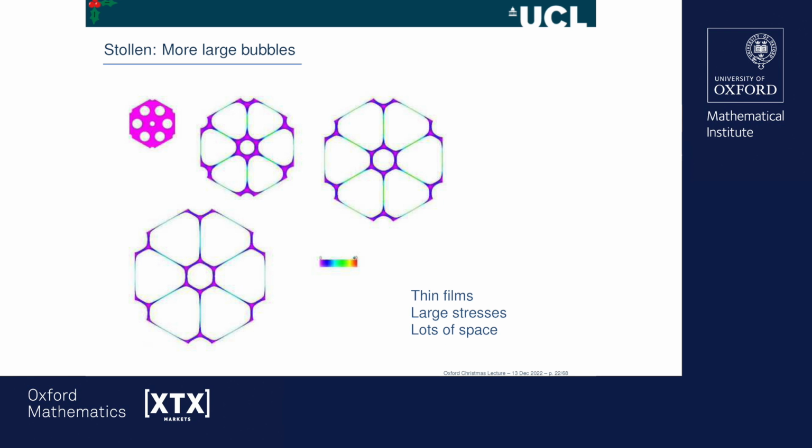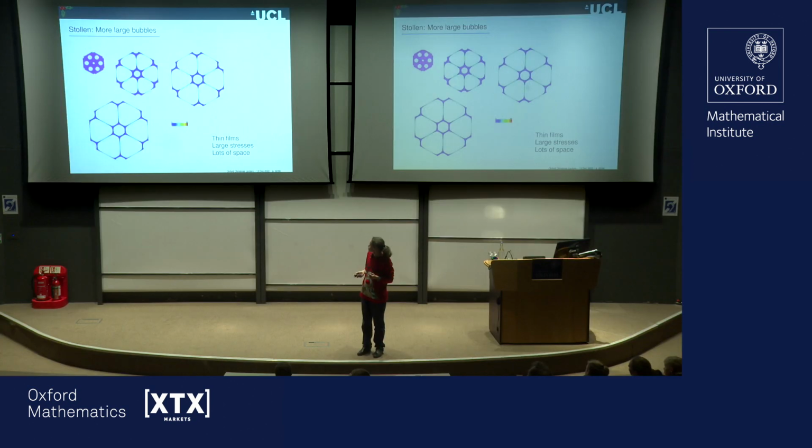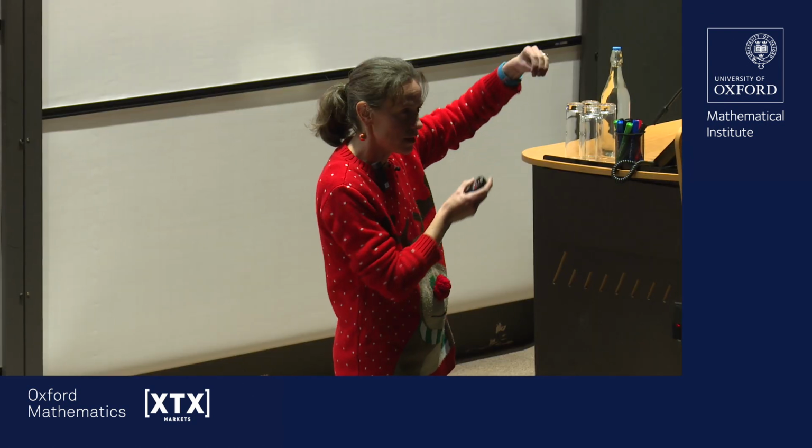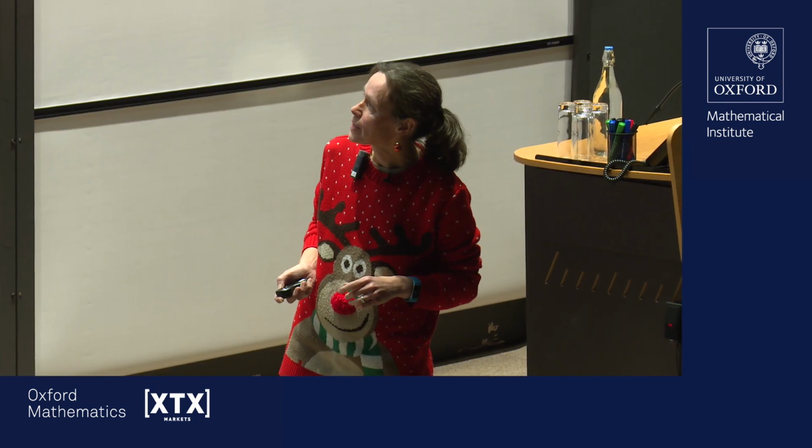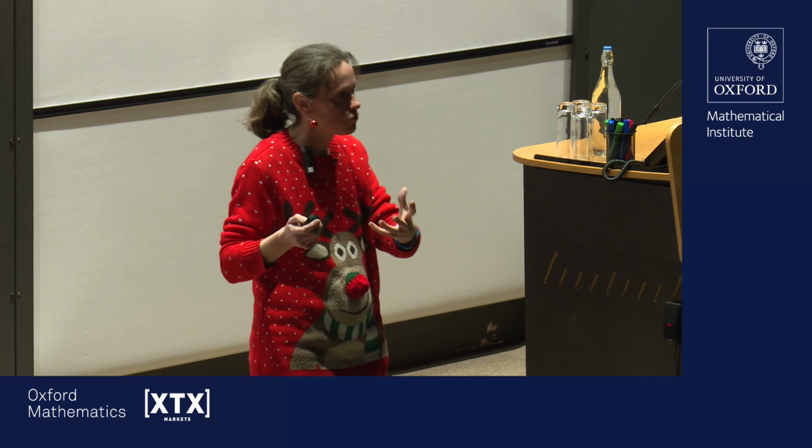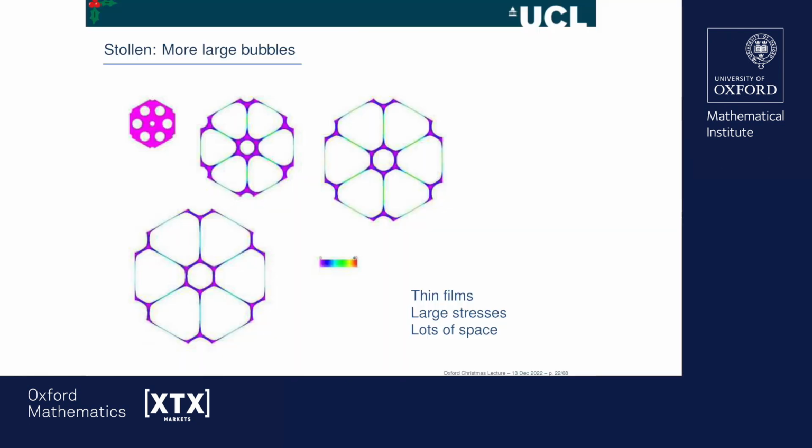You can't quite see the legend on that scale, but it goes up to 40. Large stresses in the windows that get very thin and are being pulled apart quite rapidly. And it's quite an open foam. There's a lot of gas for each bit of fluid in there.